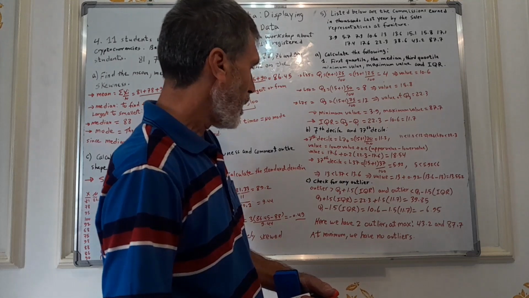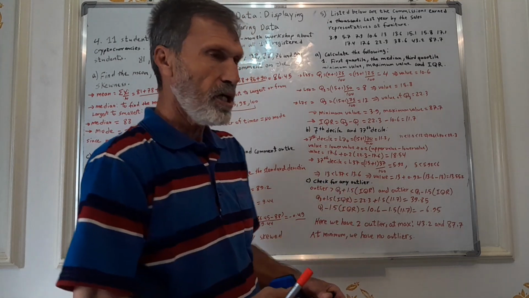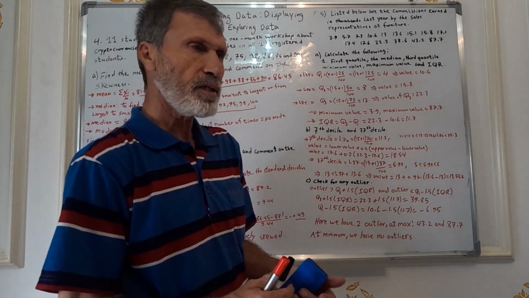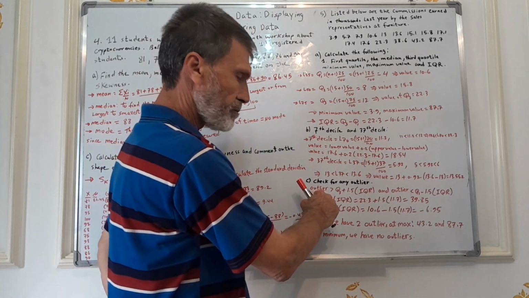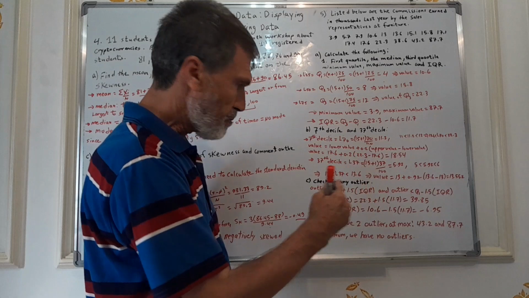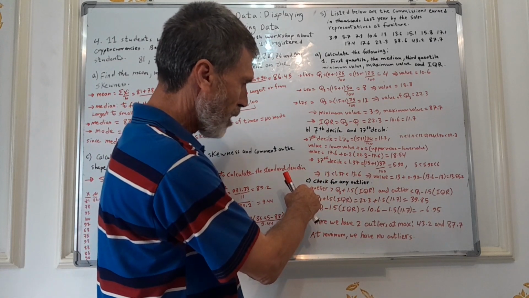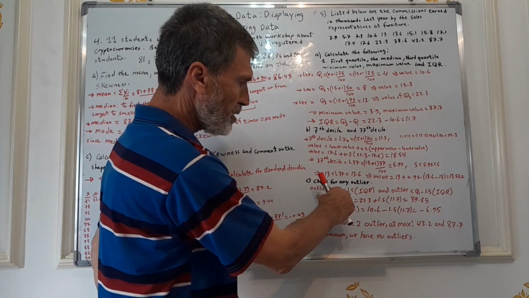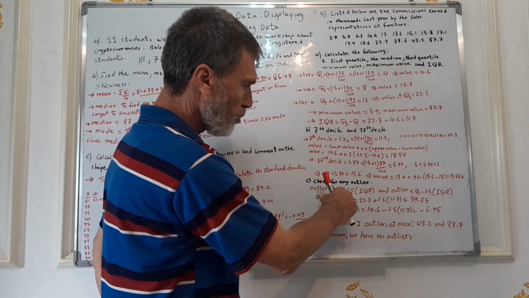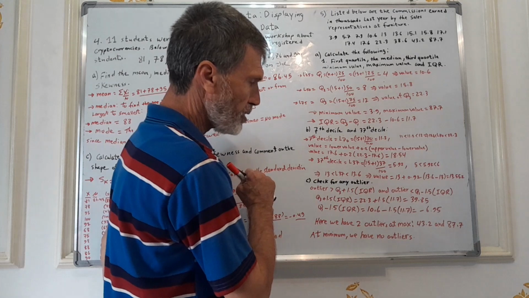Now, what about checking for any outlier? To check for any outlier, you remember, of course, we have to use this. We're going to have an outlier at the maximum if the value is greater than Q3 plus 1.5 times the interquartile range.